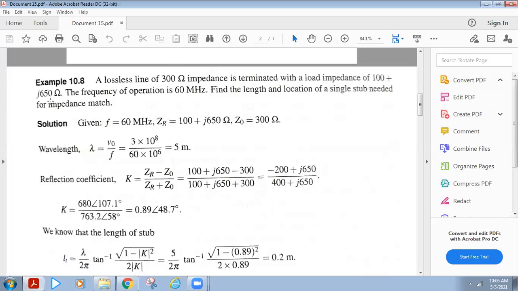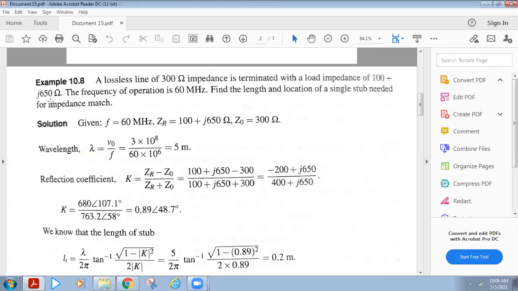The frequency of operation is 60 megahertz, and the signal is passing through the lossless transmission line. Then what do they want? Find the length and location of a single stub needed for impedance match. That is the problem statement.